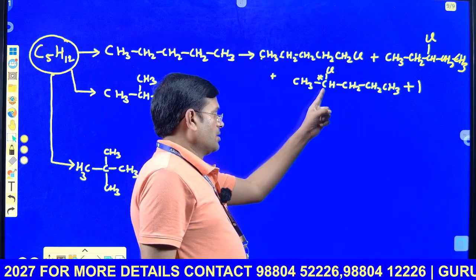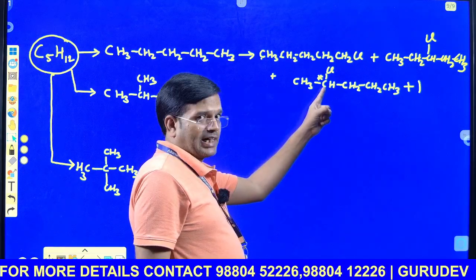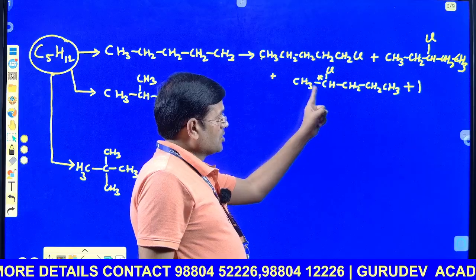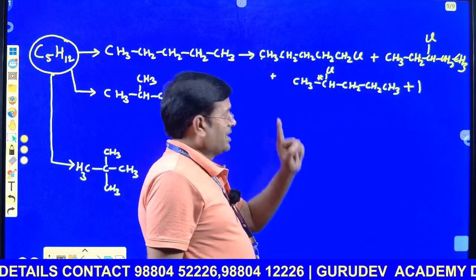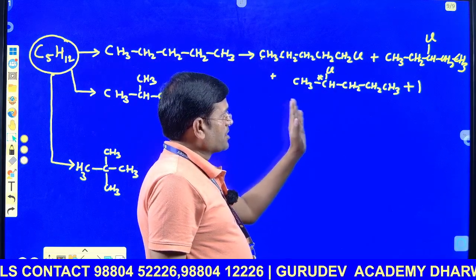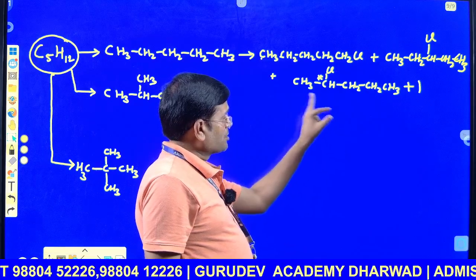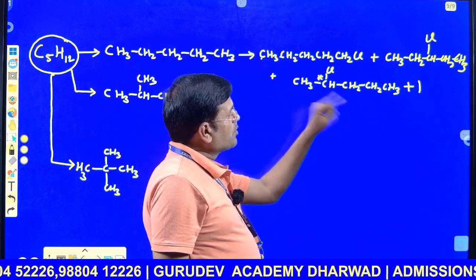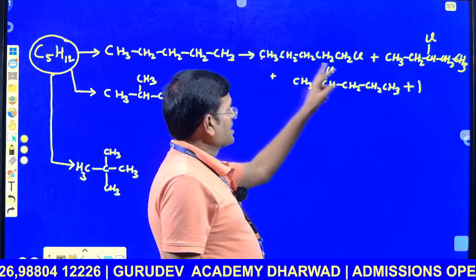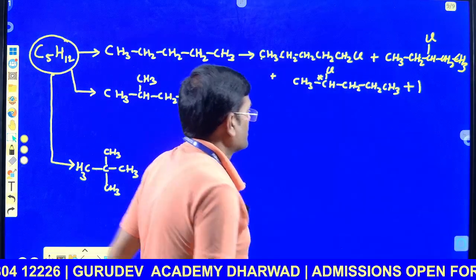So 4 different substituents are attached to this carbon. So this carbon is the chiral one, and if you draw the mirror image of this one, you will get a non-superimposable image.